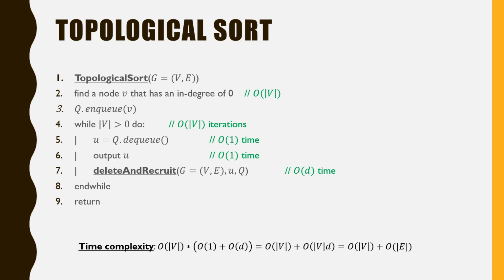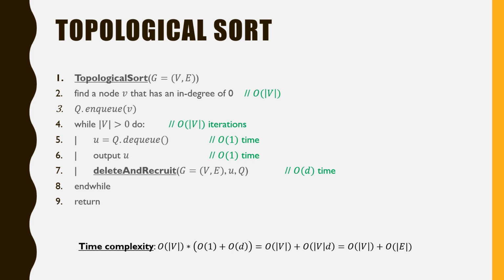In this version, each iteration within the while loop can be completed in O(1 plus D) time. Since the while loop runs O(V) iterations, the time complexity becomes O(V plus V times D).